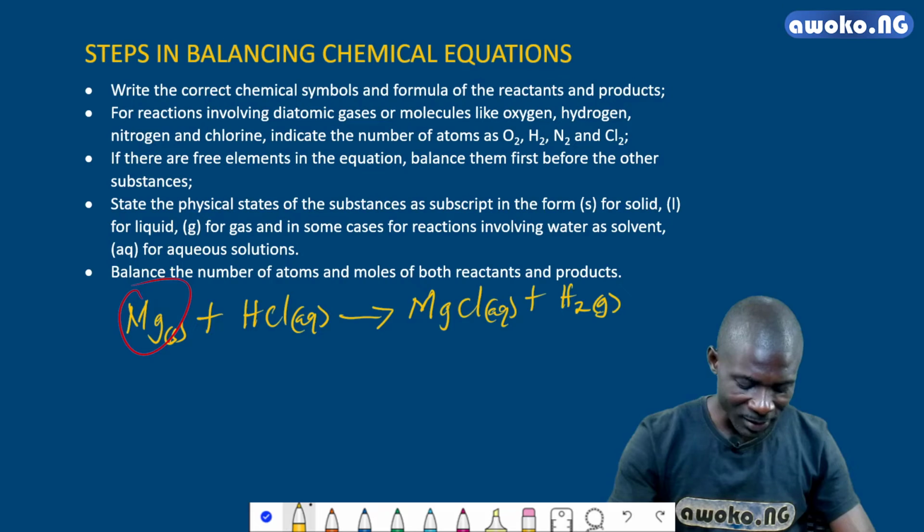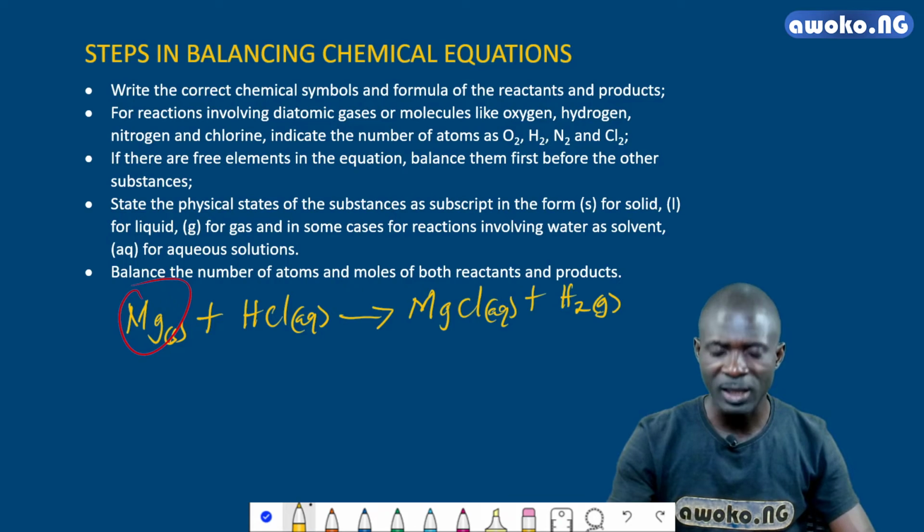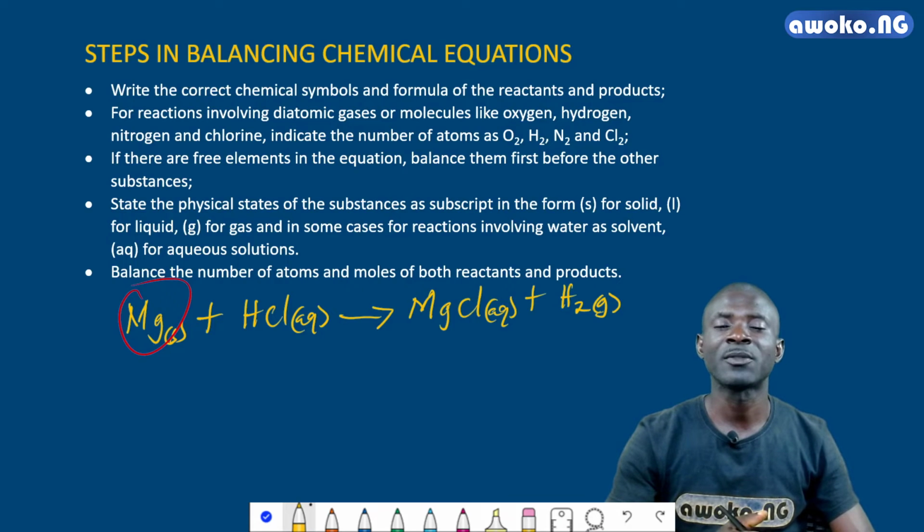Going to our next step, we have said balance the number of atoms and moles of both the reactants and products. After you've indicated all this, the last step you do is to balance the number of atoms and number of moles. In trying to balance a chemical equation, the number of atoms is also equal to the number of moles.